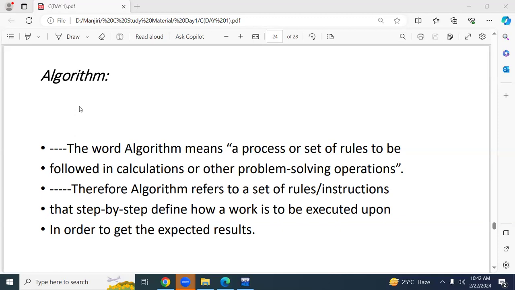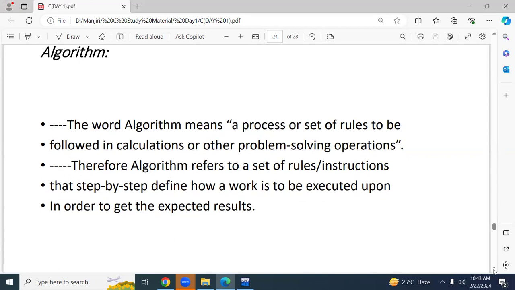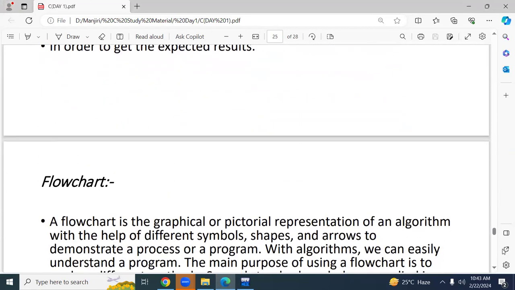They make some part in a symbolic format and some part in a natural language format, that is English. And they write some rules regarding how to write that program. That is nothing but an algorithm. Are you able to understand why we need an algorithm? What is the necessity of the algorithm? Why do we need to learn this algorithm?